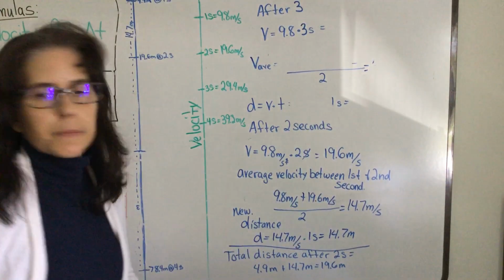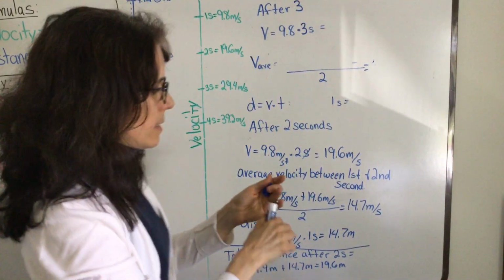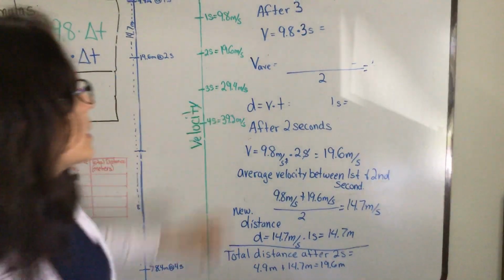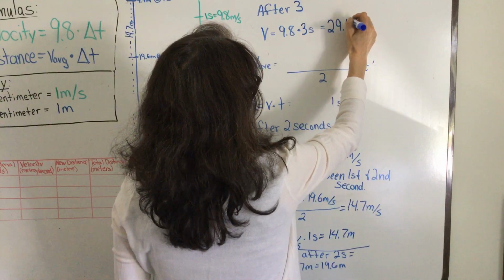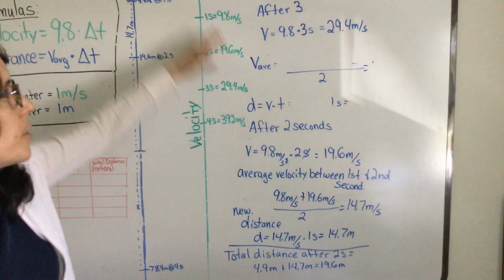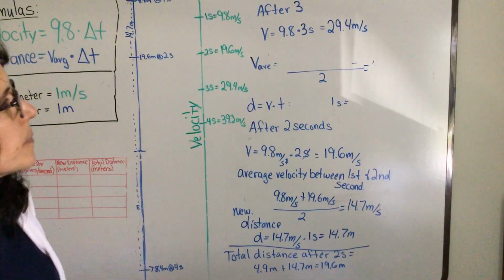After 3 seconds, well, 9.8 times 3, the new velocity is going to be 29.4. And that is going to go on your velocity line, 29.4 centimeters down.